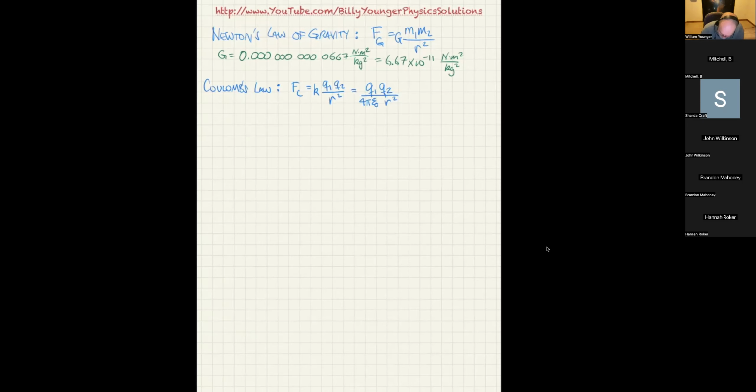So here's the big part. K, which is actually the same thing as 1 over 4 pi epsilon naught, is approximately equal to 8.99. Actually, let's not use scientific notation.